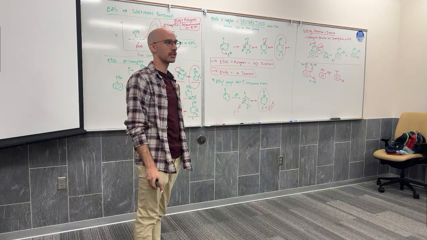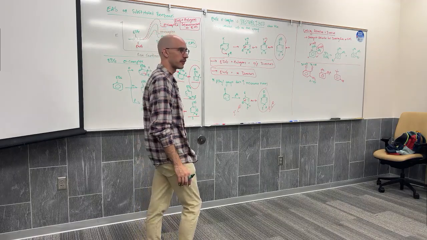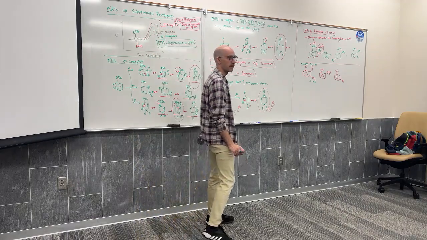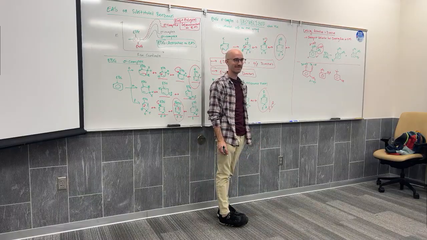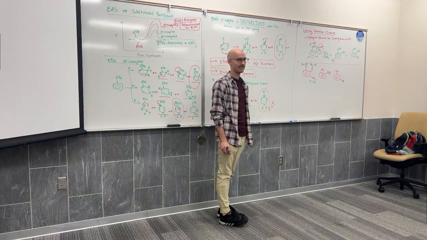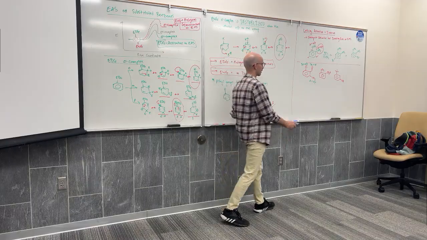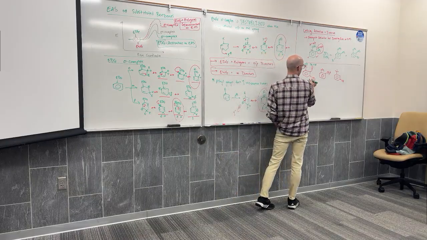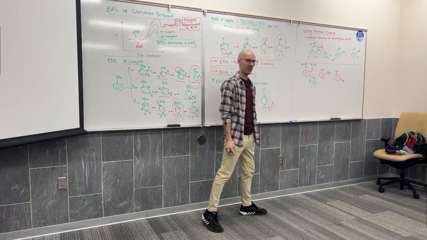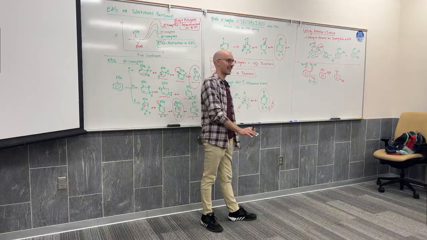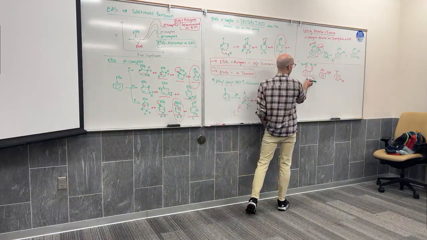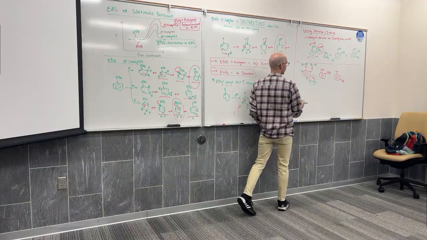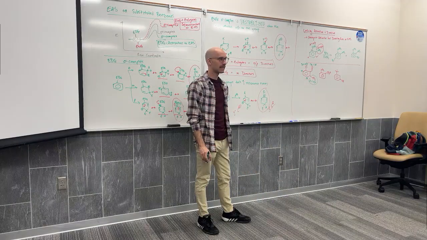Which positions are most likely to be nucleophilic in EAS? The methyl group is our strongest activator. It's actually our only activator, even though it's a weak activator. So its ortho and para positions are the most likely to react.